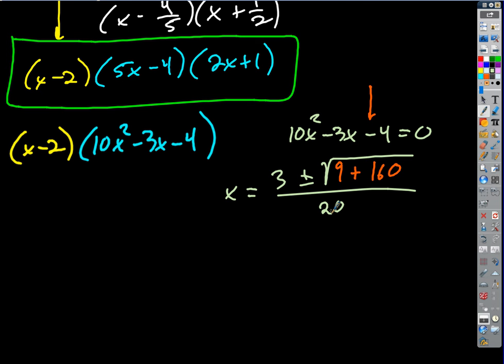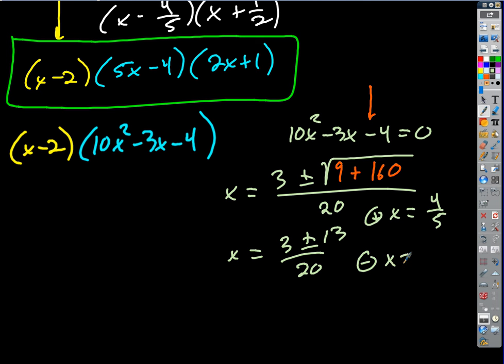Well, the square root of 169 is what? 13. So we get x equals 3 plus or minus 13 over 20. If we take the plus, we get x equals 16 over 20. What's that reduced to? 4/5. If we take the minus, we get negative 10 over 20. Okay, what do you know?